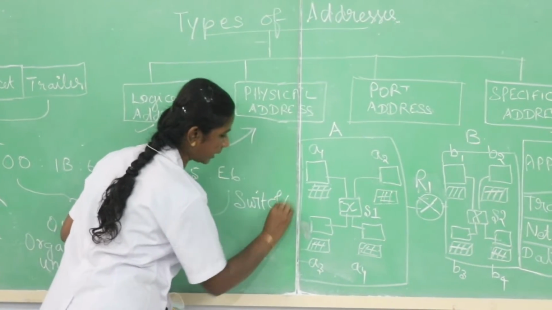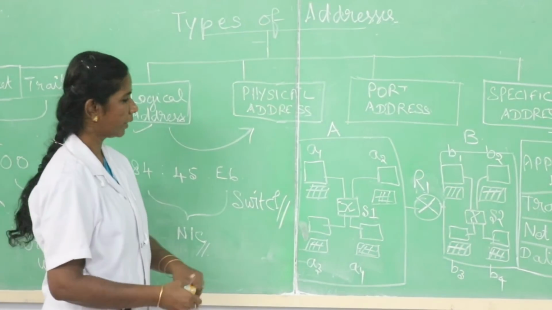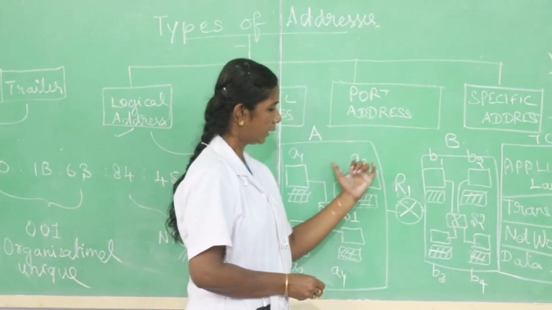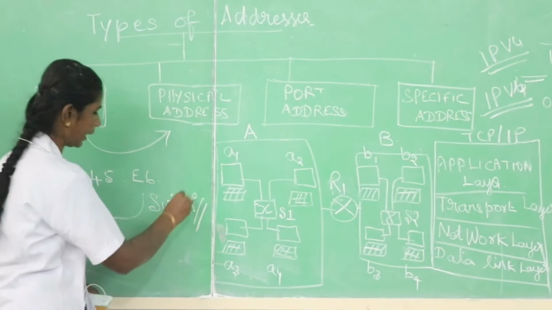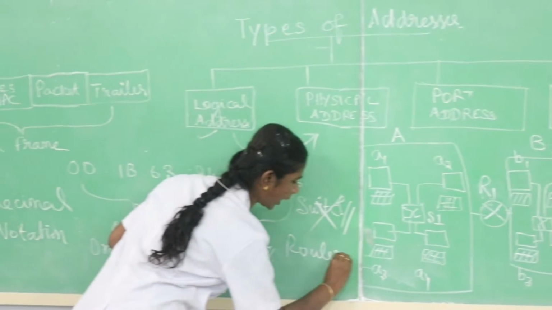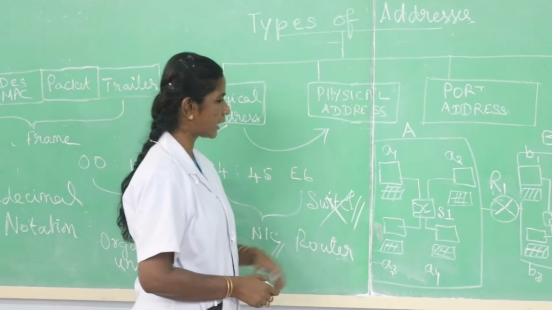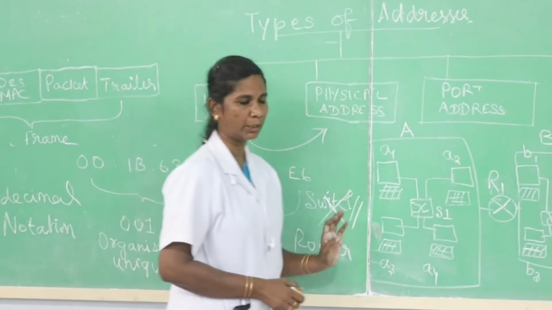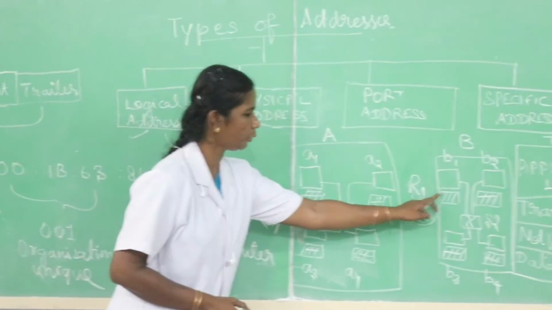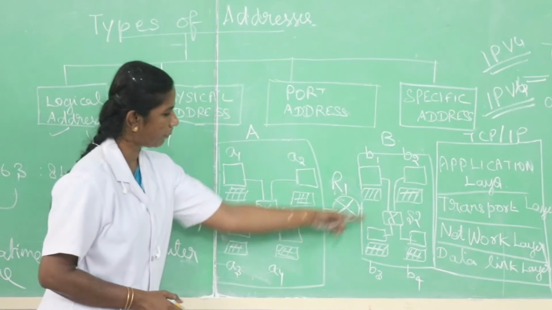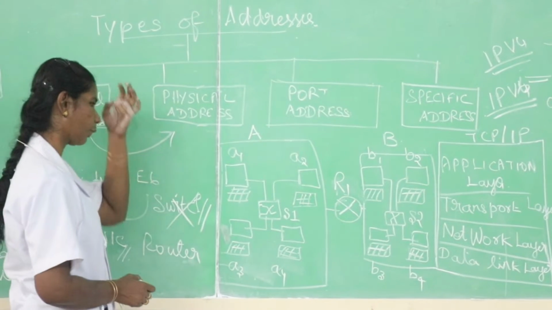They are different types: this belongs to one type and that belongs to another. They can't be connected by a switch, so we move to a router. The IP address may be the address of a device, a switch or a router. So two different networks are connected by means of this router.